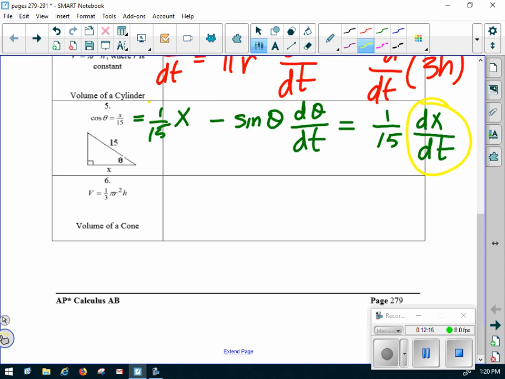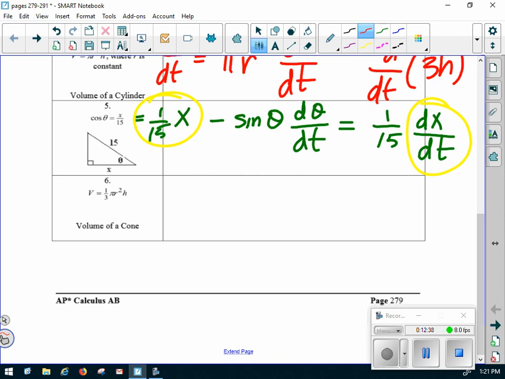Because the derivative of this with respect to t, remember, 1/15 is the coefficient. If it had been 3x, the derivative of 3x is 3, right? So the derivative of 1/15 x is 1/15. But since the variables don't match, I have to add on the dx dt.